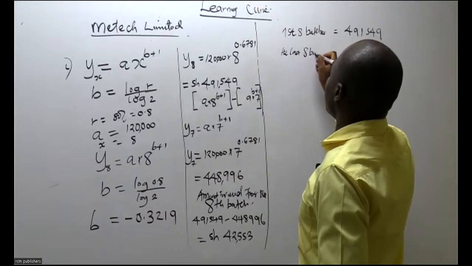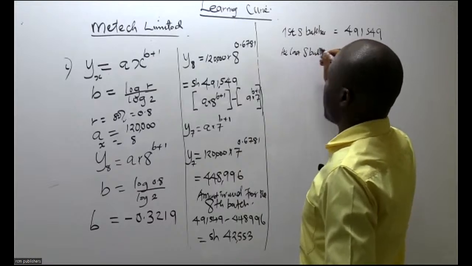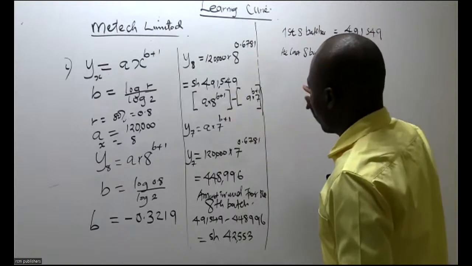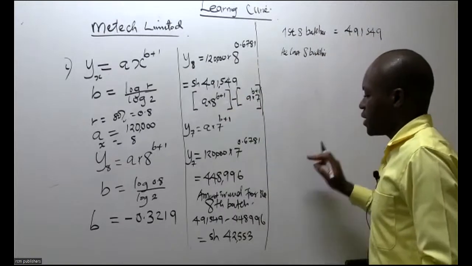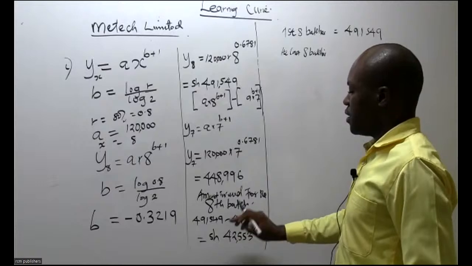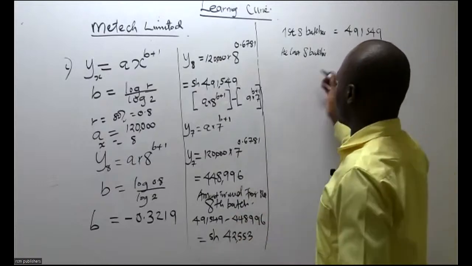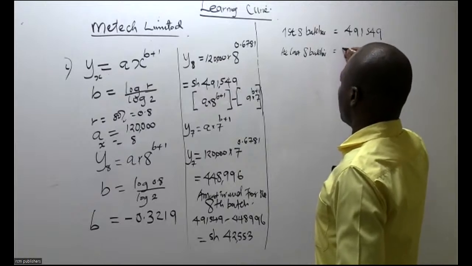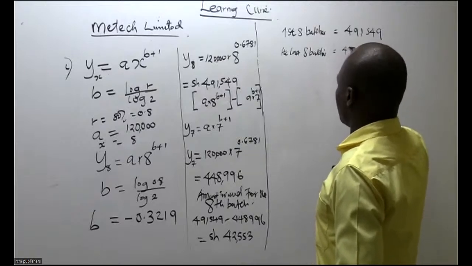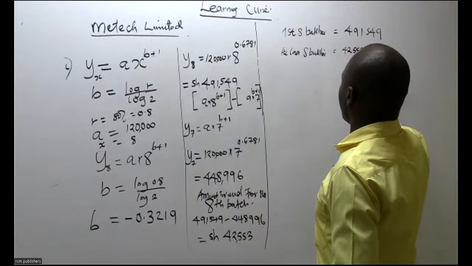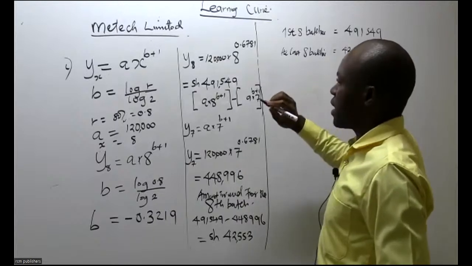8 batches, we are told the production cost per batch, or labor cost per batch, is equivalent to that of producing the 8th batch. So it is basically equivalent to 42,553. We multiply by how many batches are remaining.